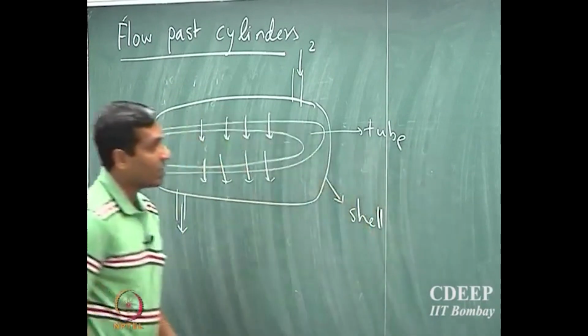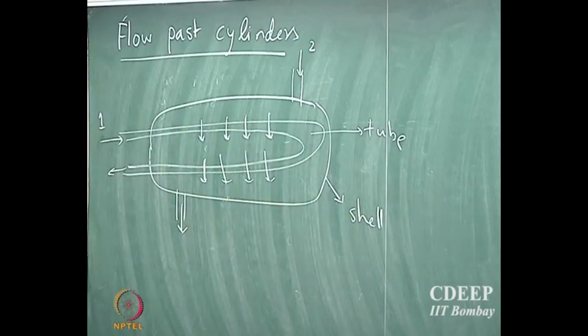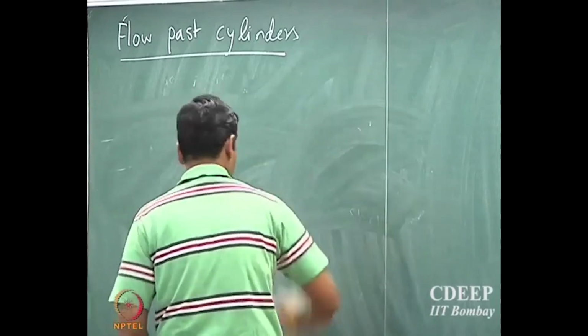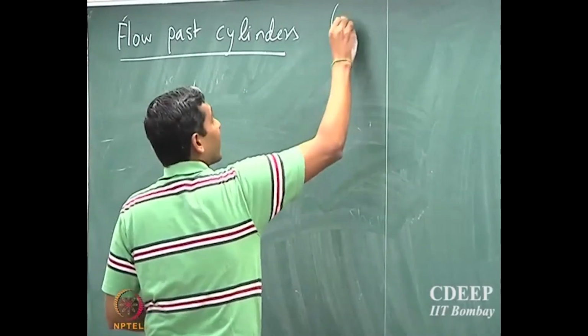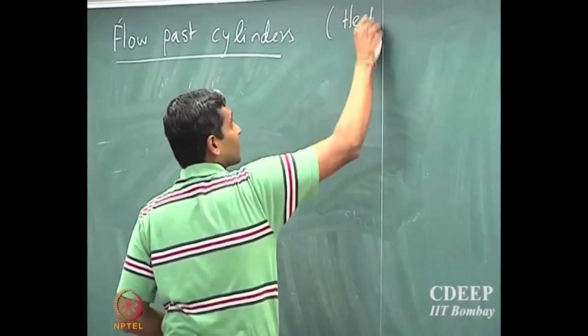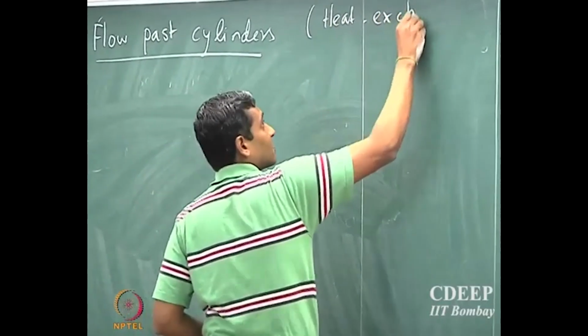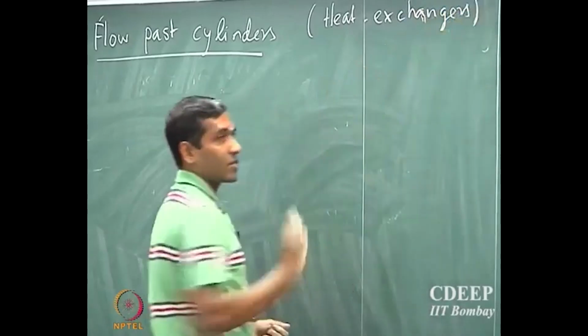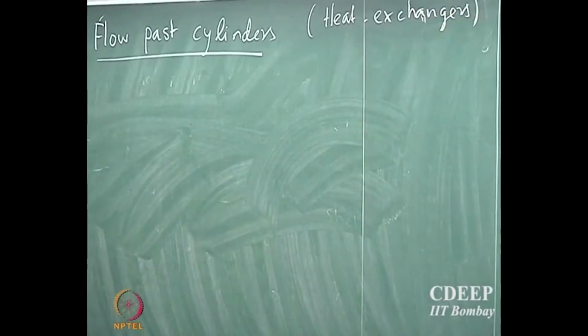So that's what we are going to see in rest of today's and the next lecture. So the real direct application is heat exchangers. That's the direct application of flow past cylinders.